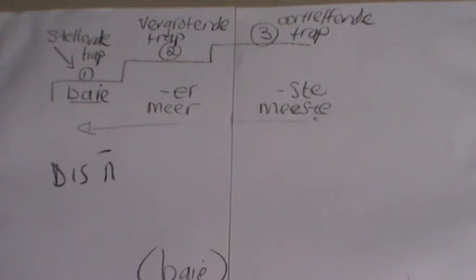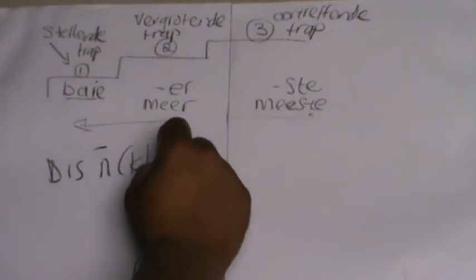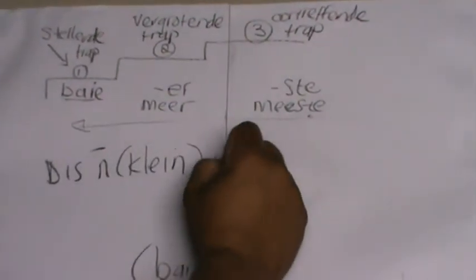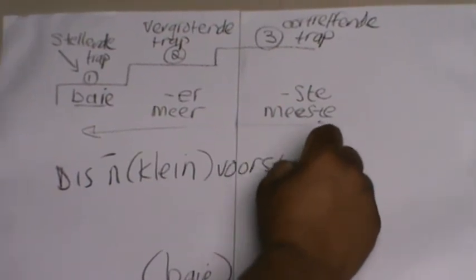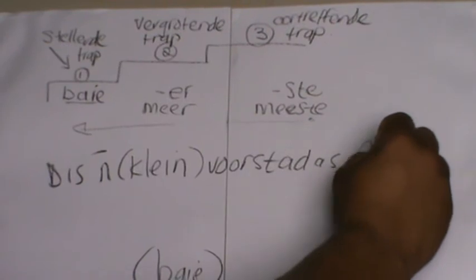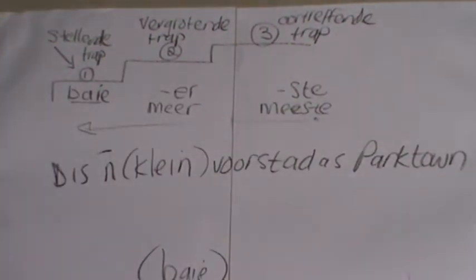Right, I'm just going to write the sentence down. Right, there you can see the sentence is, Is Hillbrow as klein as Parktown?